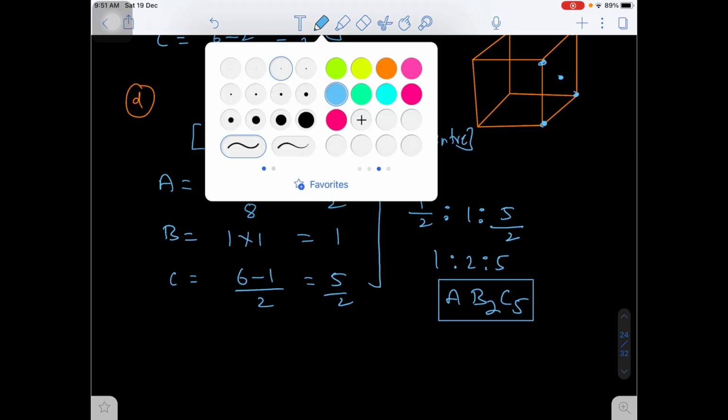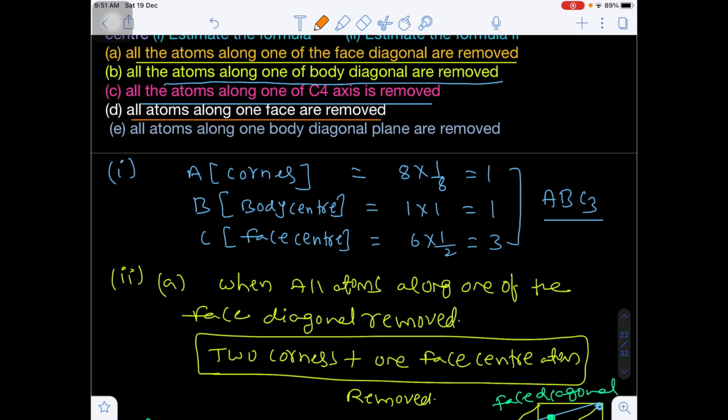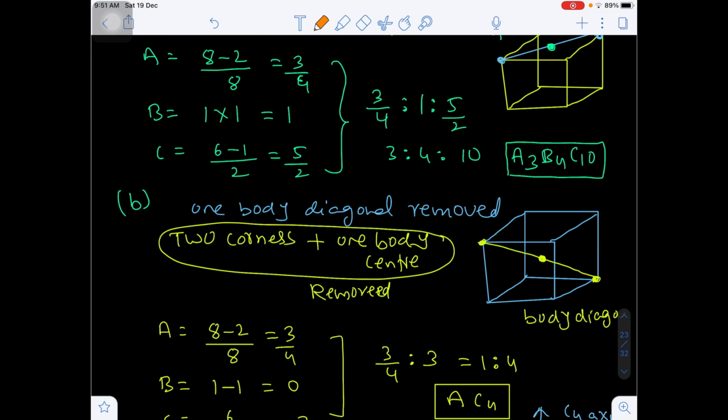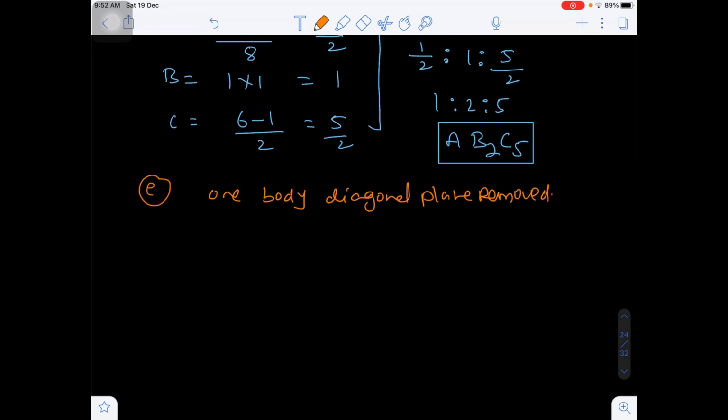And one more question is there, that is question number E. In question E, all atoms along one body diagonal plane are removed. Now what is the body diagonal plane?